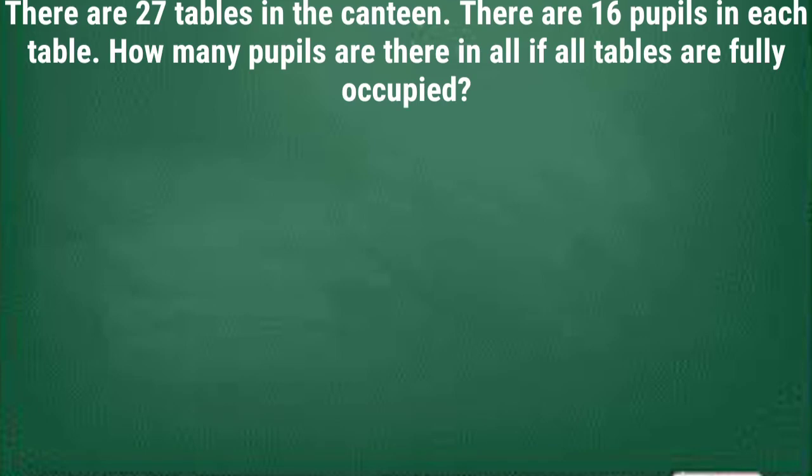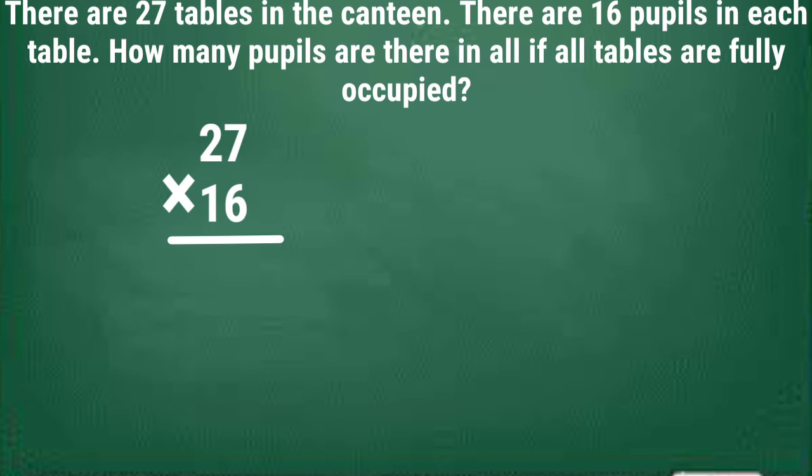Another example. There are 27 tables in the canteen. There are 16 pupils in each table. How many pupils are there in all if all tables are fully occupied? Okay, so that is 27 times 16. We have to follow the steps.